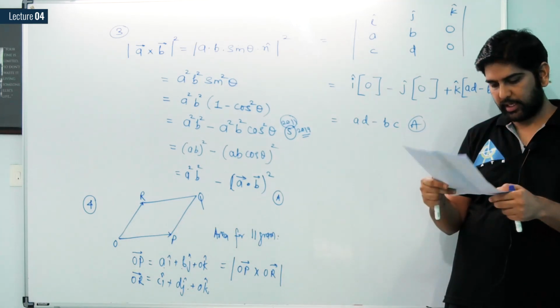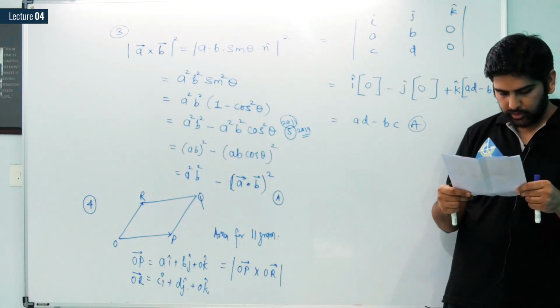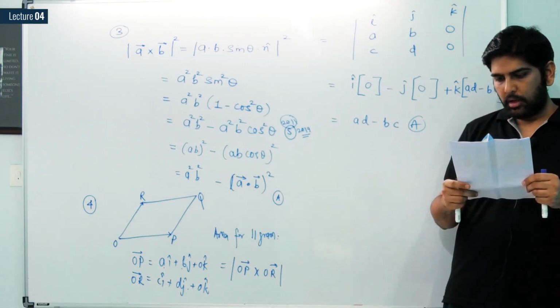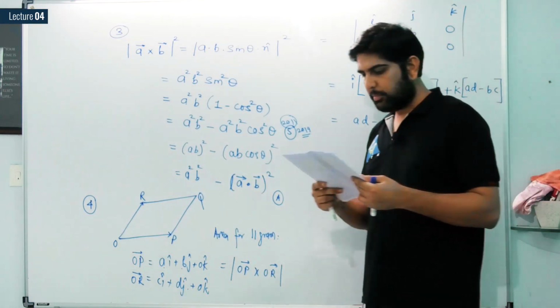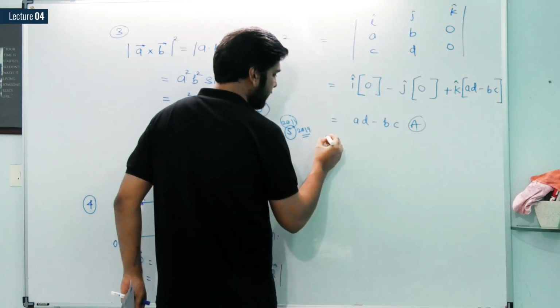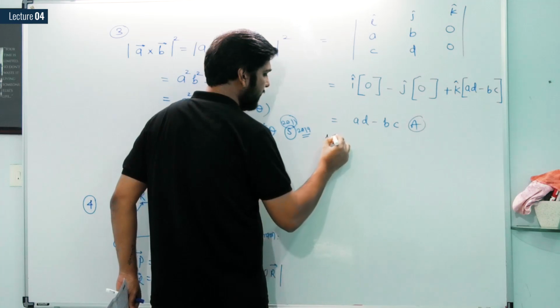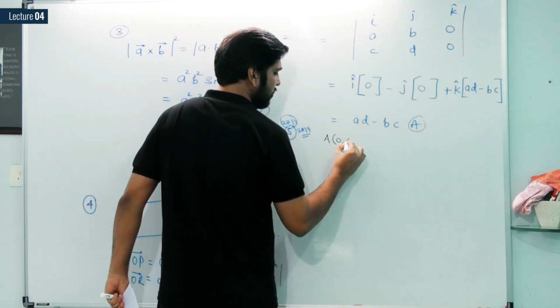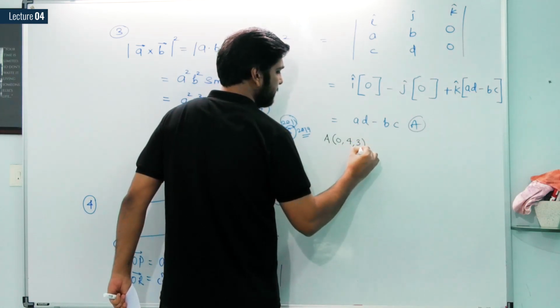We have 3 points A, B, and C defined in XYZ coordinate system. Then which of the following vectors is perpendicular to this and this? So firstly, we have given 3 points, so I am writing the point A. A is 0, 4, 3.